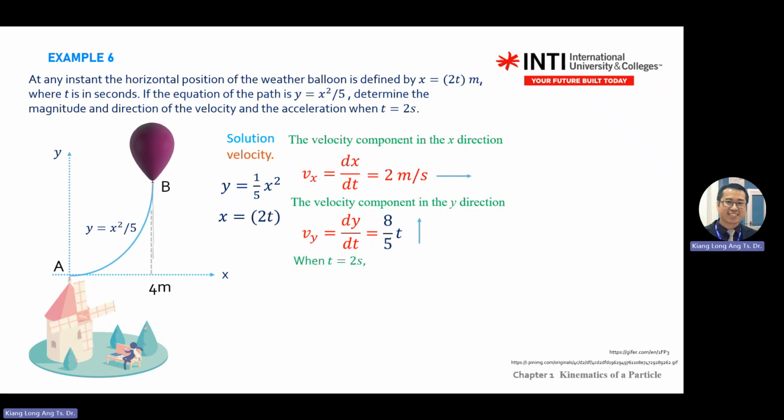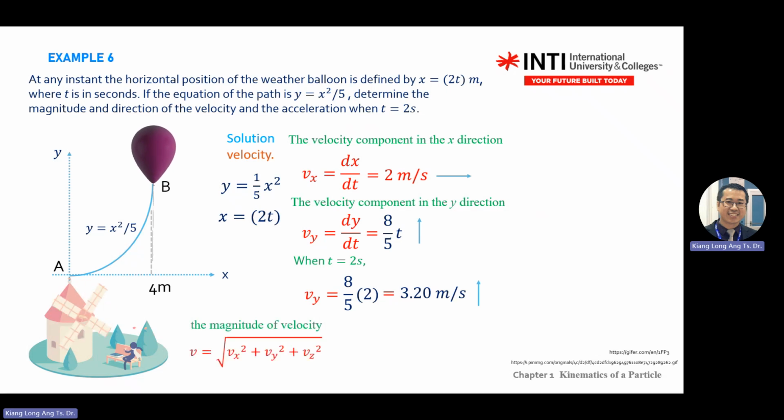I substitute the value. So at 2 seconds, my velocity is 3.2 meters per second. Velocity is constant all the time. Okay.